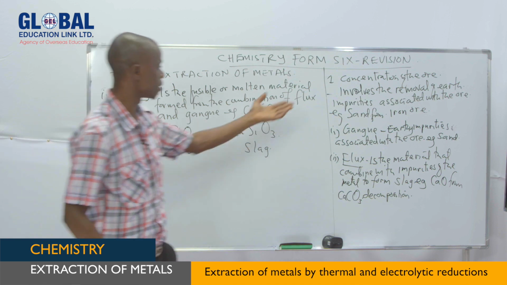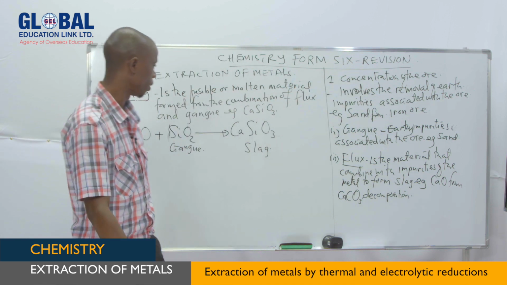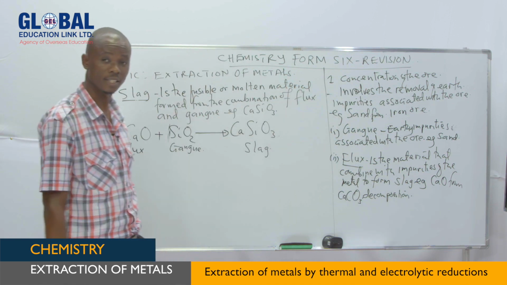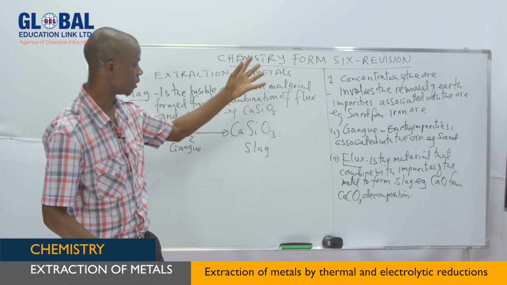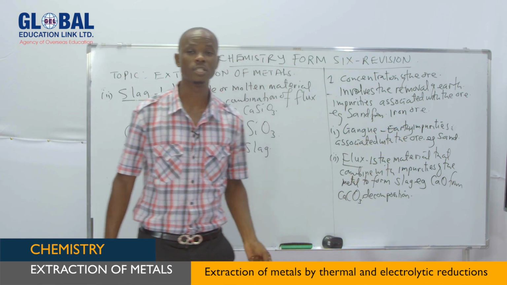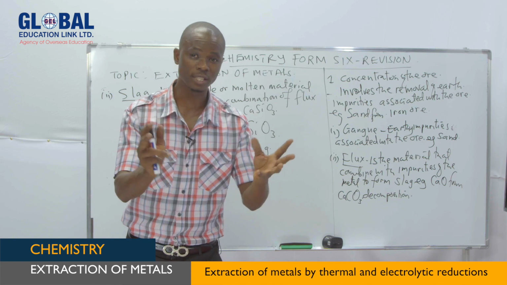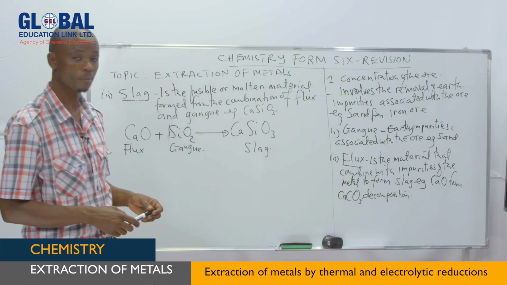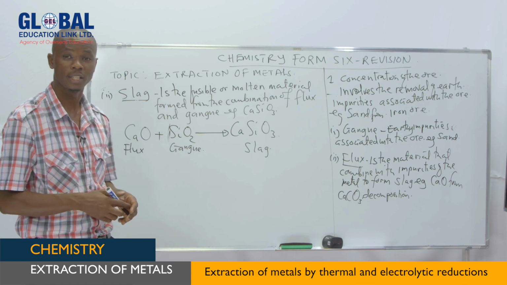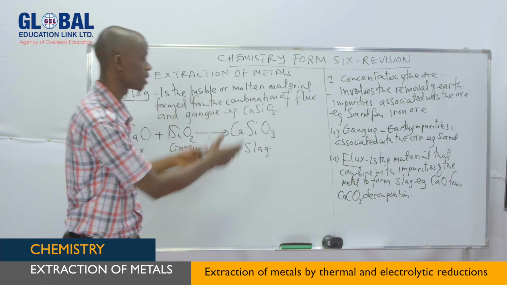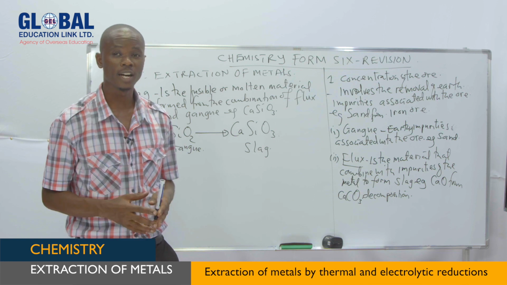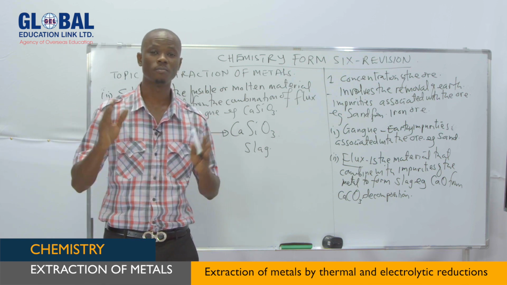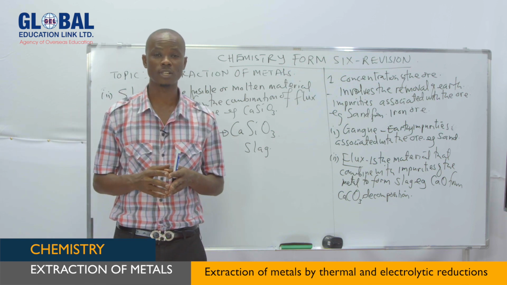So you can see in this step of concentration of the ore, we have these 3 important things. So the removal of the earth impurities from the ore is the first step that is done when extracting the metal. These processes are done even in those machinery that are used to extract metals.